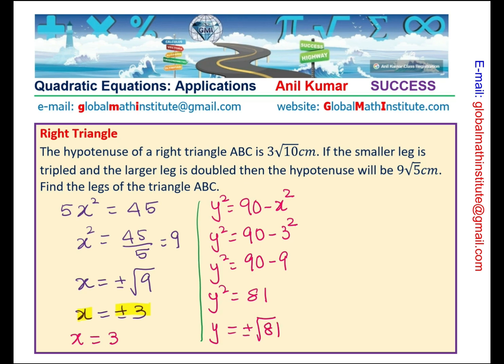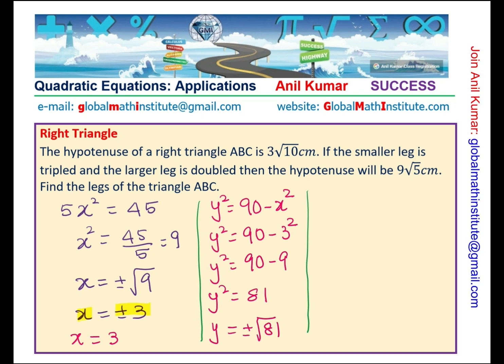Negative values will be discarded as the dimensions cannot be negative. So they are the extraneous roots, right? So from here, we get the value of y as plus 9, correct? And x was plus 3. All the units are in centimeters. So that becomes the solution of the given problem.